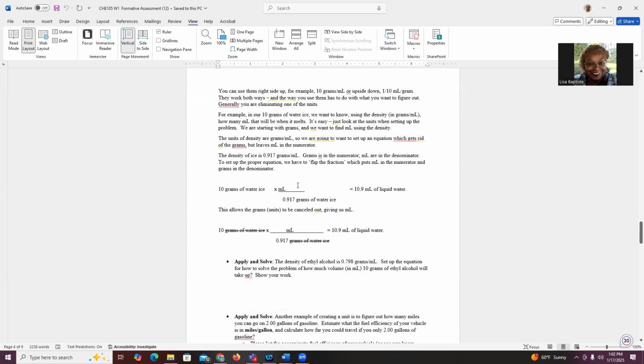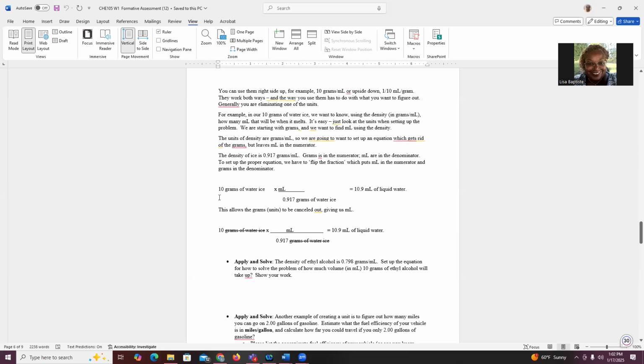This goes through some information on how we're looking at those particular units. But I want to go through this example problem right here, so you can see what we're looking at when we're canceling out units and getting to new units. It says the density of ice is 0.917 grams per milliliter, and we want to know how many milliliters are in 10 grams of water, okay?